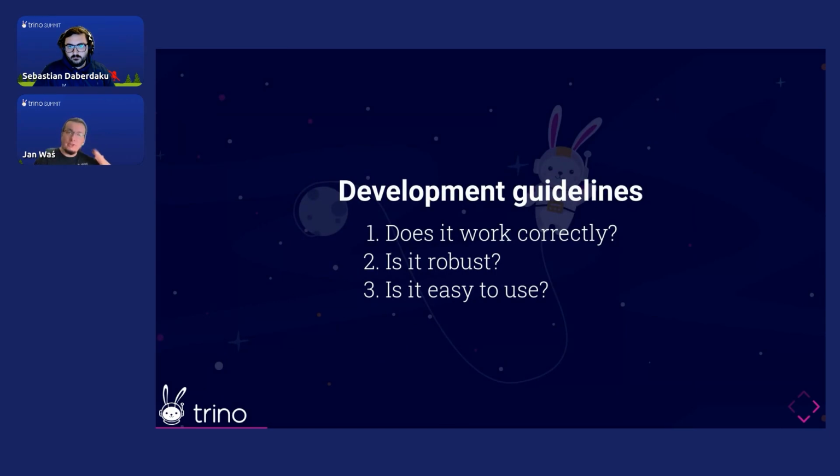Here are very short development guidelines that I personally try to follow when I'm reviewing pull requests in the Helm chart. The most important thing is that any change you're proposing in a pull request needs to work correctly.